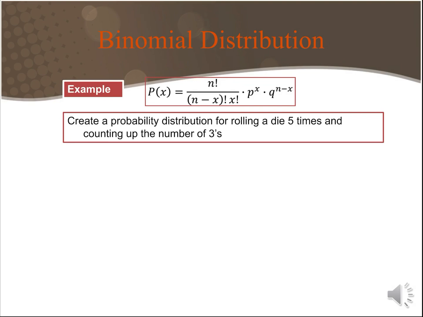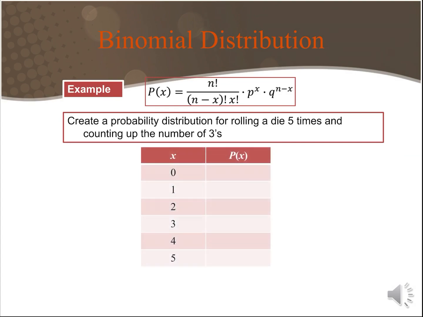I won't go through this whole thing, but I did want to show you how you would create your own probability distribution for rolling a die 5 times and counting up the number of 3s. So in the last lesson, when we just introduced probability distributions, we took a look at charts that looked like this, where we had X as the random variable and all of its possible values, and then we gave the probabilities already, and we decided whether they were probability distributions or not.